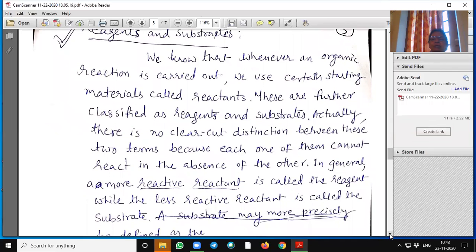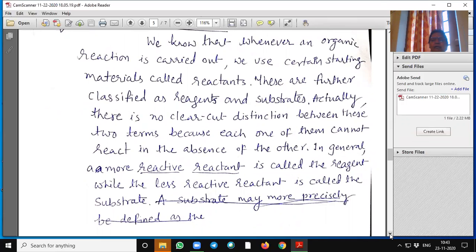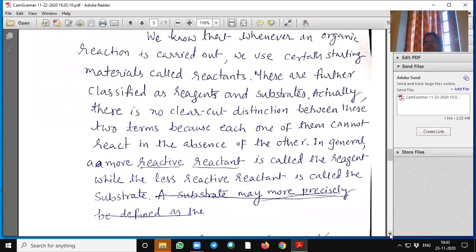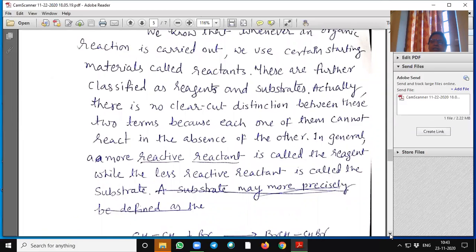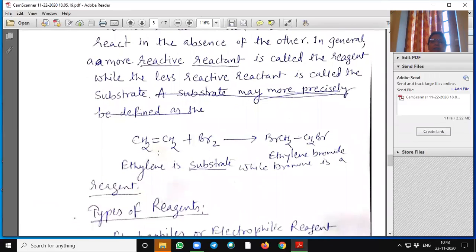Actually, there is no clear-cut distinction between these two terms because each one of them cannot react in the absence of the other. In general, the more reactive reactant is called the reagent, while the less reactive reactant is called the substrate. See here, ethylene is a substrate, while this bromine is a reagent.